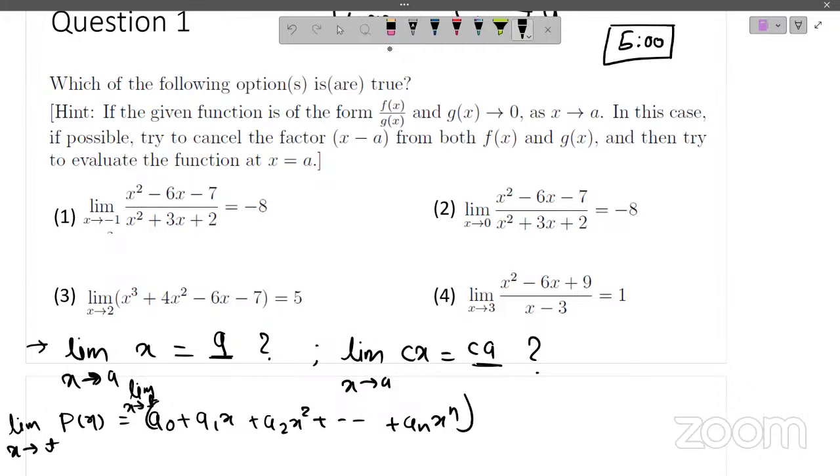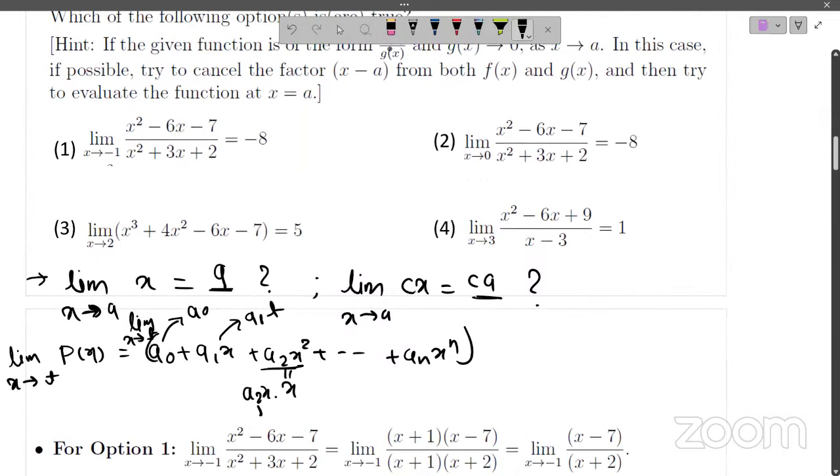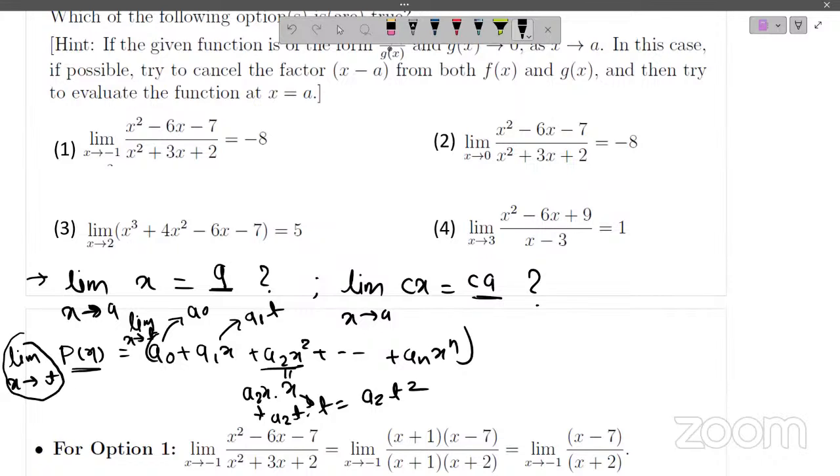By the summation rule, a0 goes to a0, a1x goes to a1 t, and a2x square goes to a2 t square. So for any polynomial, the limit as x goes to t is a0 plus a1 t plus a2 t square plus and so on plus an t to the power n. This fact is clear to everyone, right?